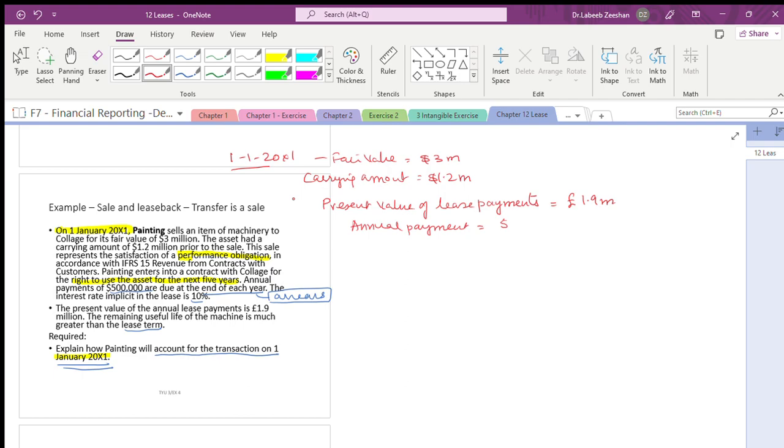Something they have mentioned in dollars, something in pounds; this is not in pounds, this is in dollars only.